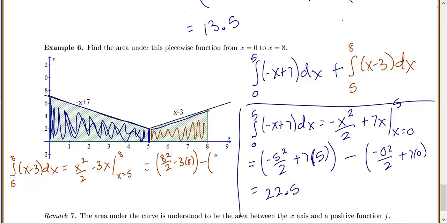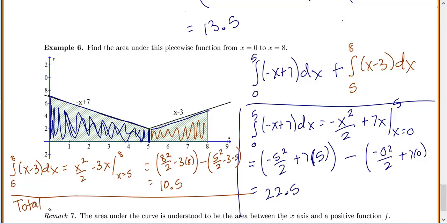And then minus, now we do the bottom limit, so 5 squared over 2 minus 3 times 5. Which is 10.5. And then my total area, we have to add those together. So 22.5 plus 10.5 equals 33.